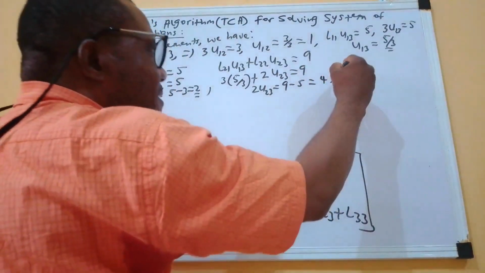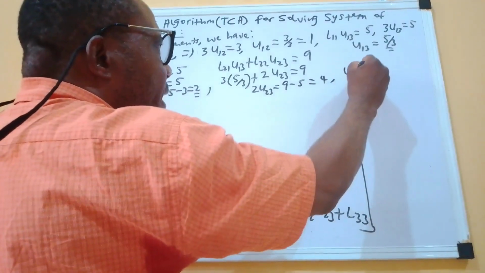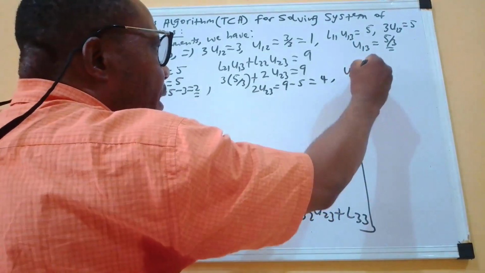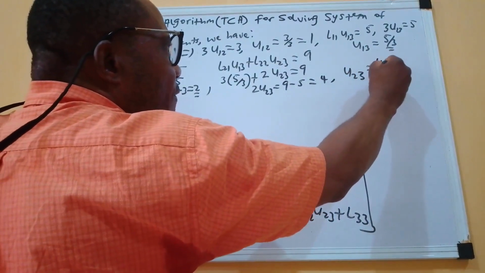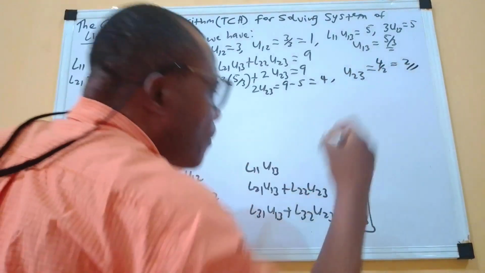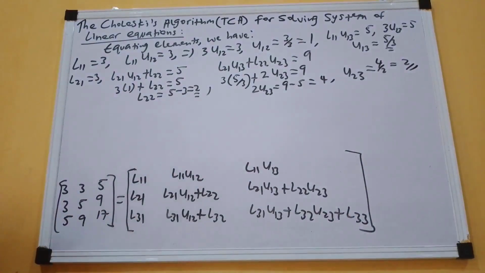So this implies that U23 is equal to 4 over 2, and that is equal to 2. That is what you have there. I hope you are taking note of all this. It's as simple as that. Our U23 is equal to 2.